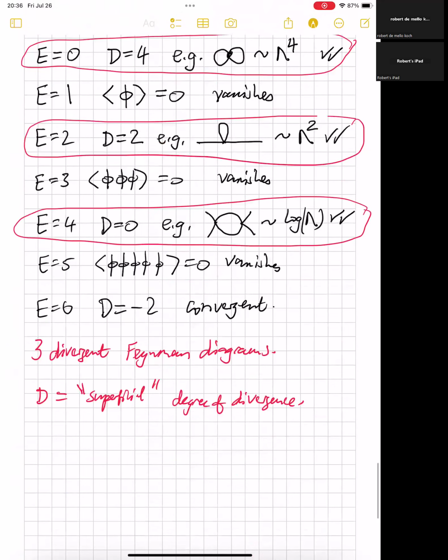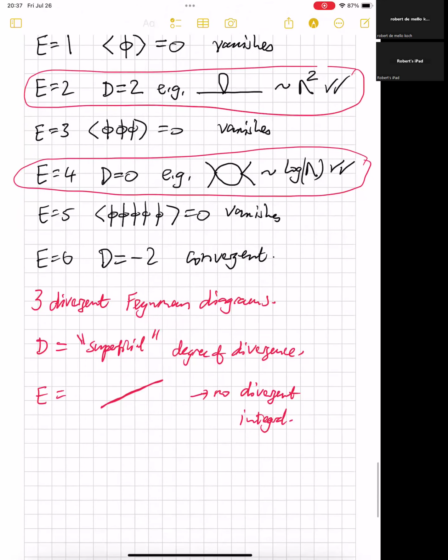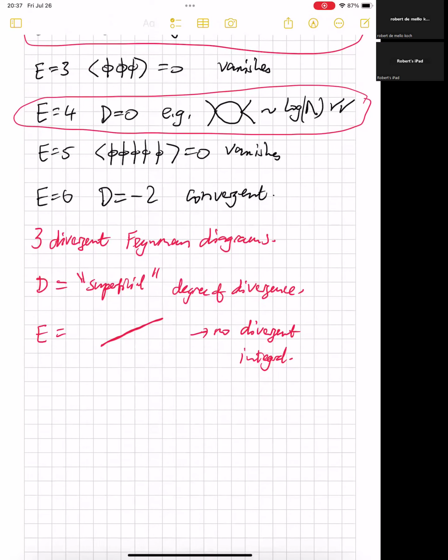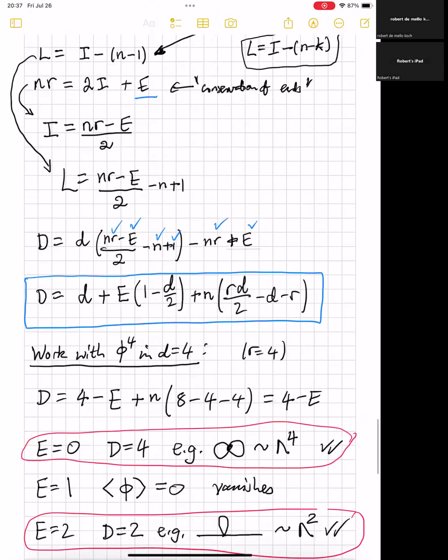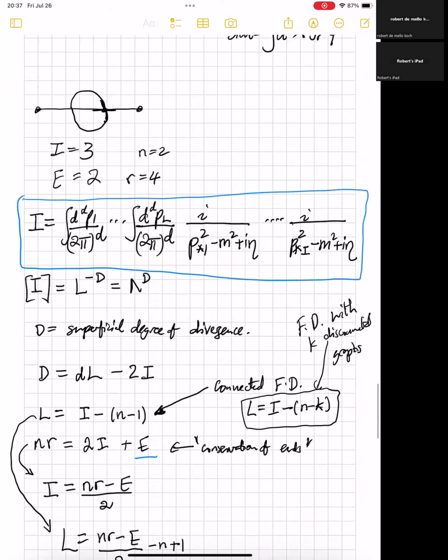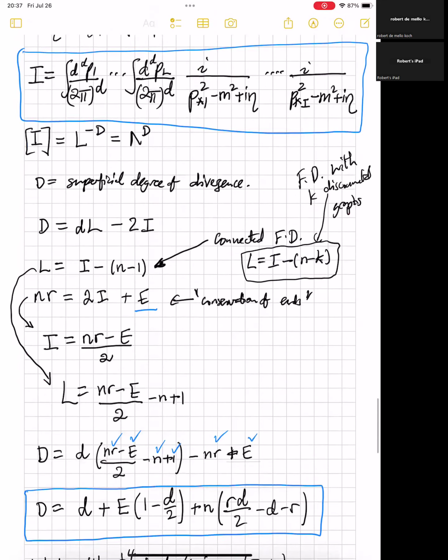So first of all, when E is equal to 2, just the Feynman diagram like this, there is no integral. So there's no divergent integral. So there, our analysis led us astray, but that's fine. It's just because there was no loop. So this piece that we're analyzing over here didn't even exist in that case.